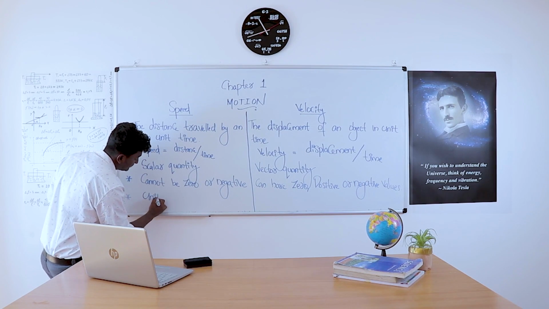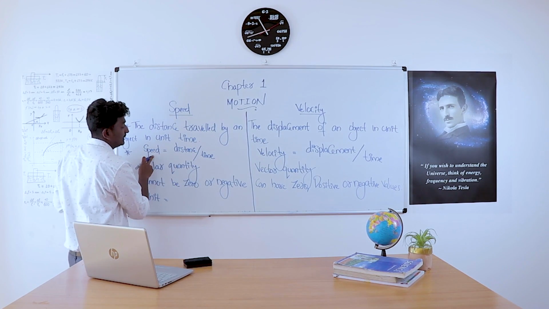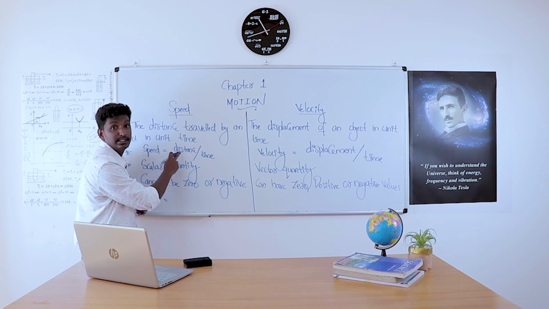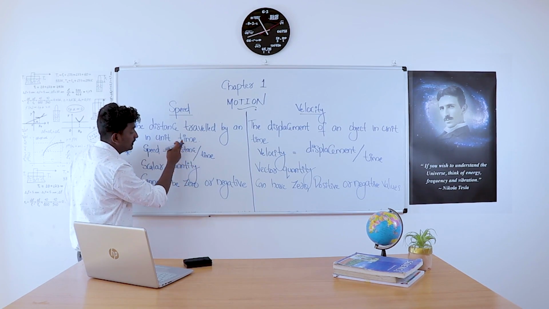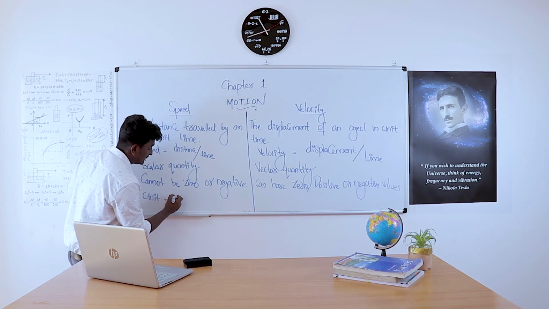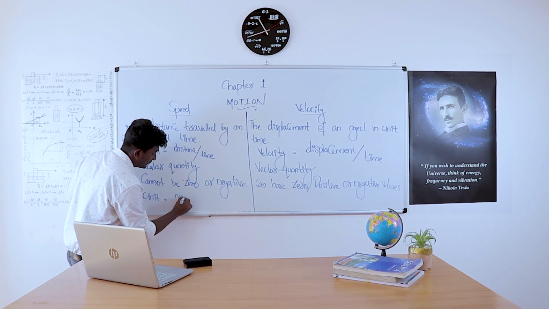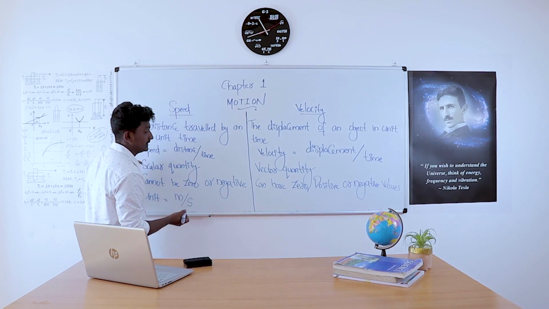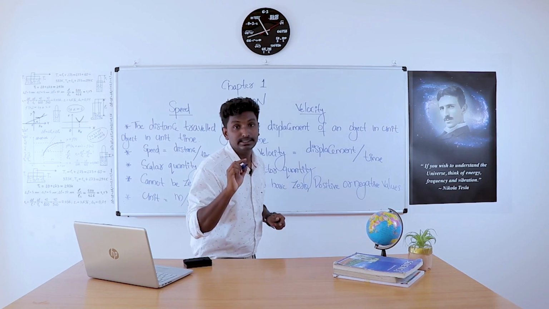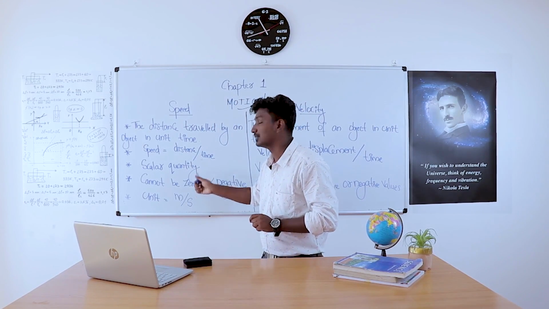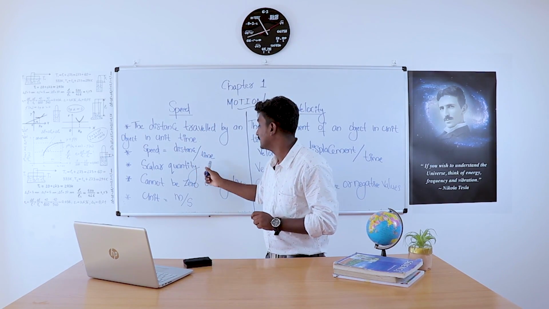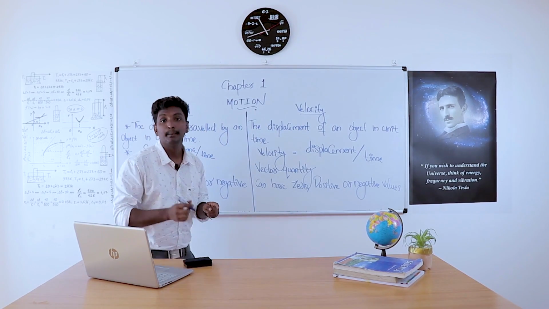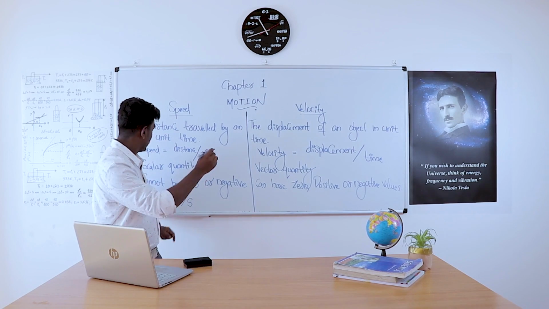We already know the SI unit of distance is meter, and the SI unit, that means standard unit, of time is second. Therefore, the unit of speed is meter per second.